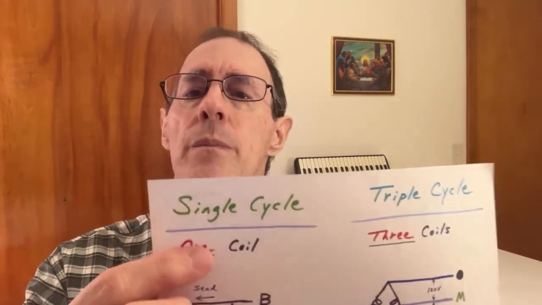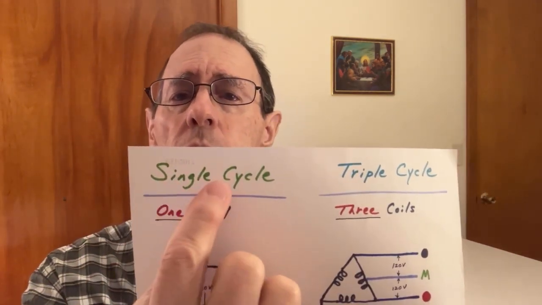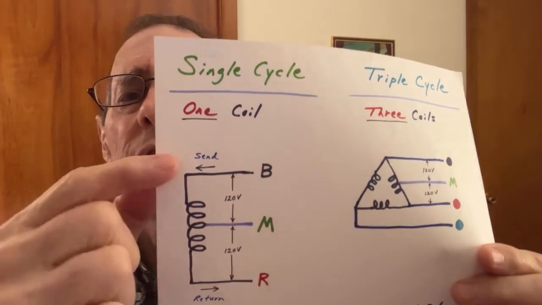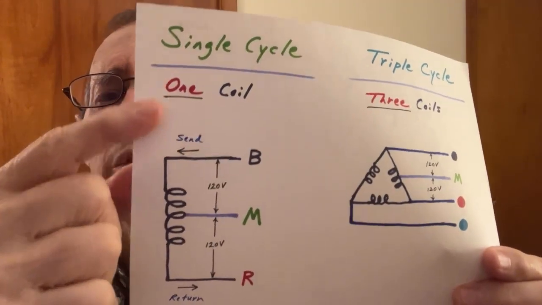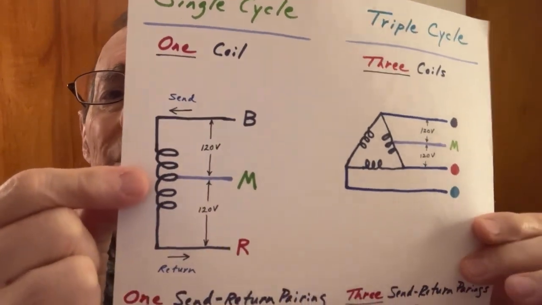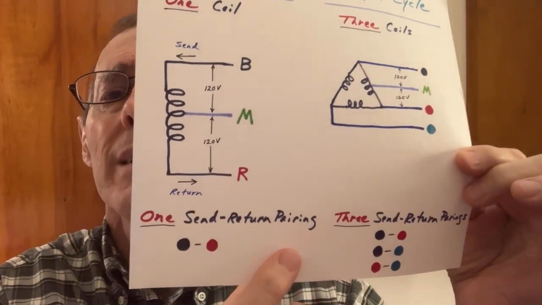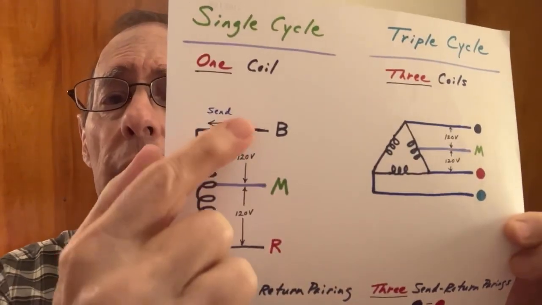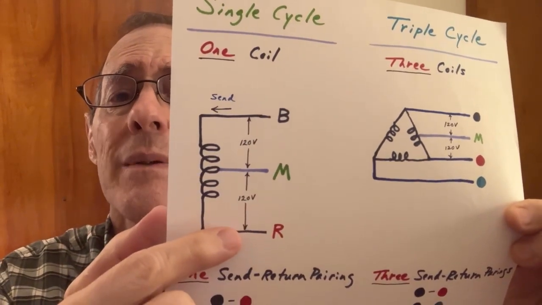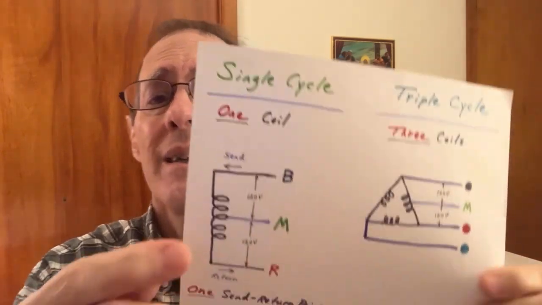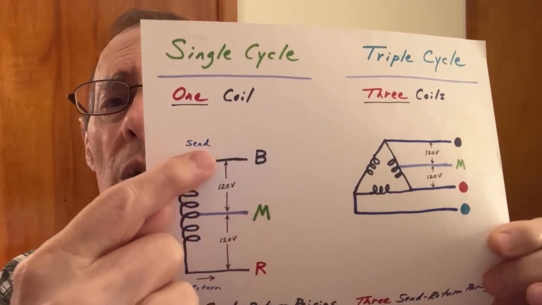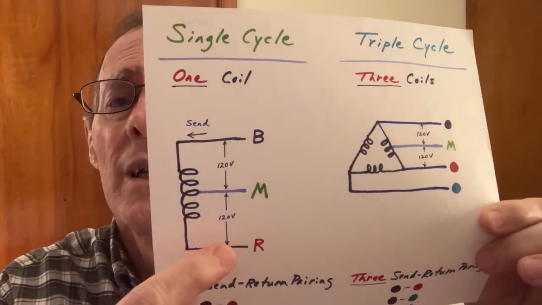Now, I stressed that with single cycle, you have one coil in your transformer, and you have one send-return pairing. That's black and red. You see black and red here. I talked about how, essentially, theoretically, this is really only one long conductor.